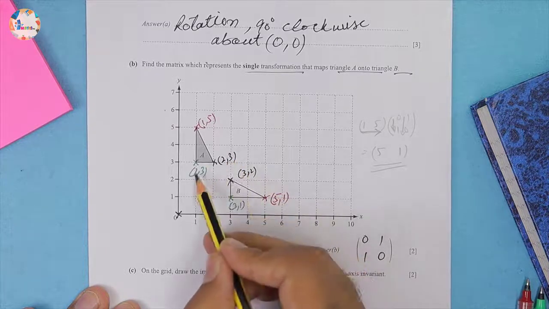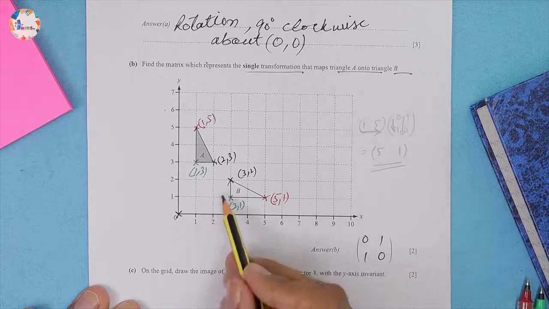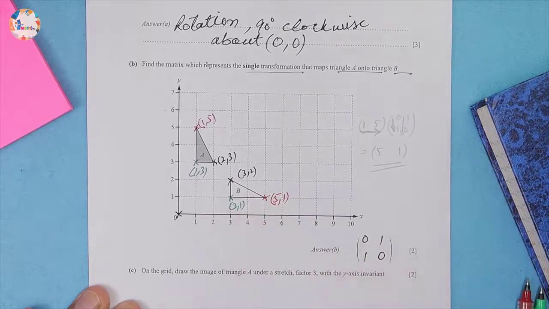So for each coordinate you can multiply it with this matrix and you will get this. So this is our answer for this part.